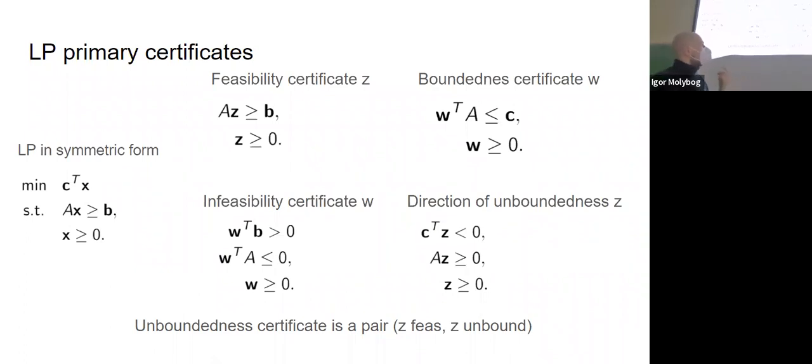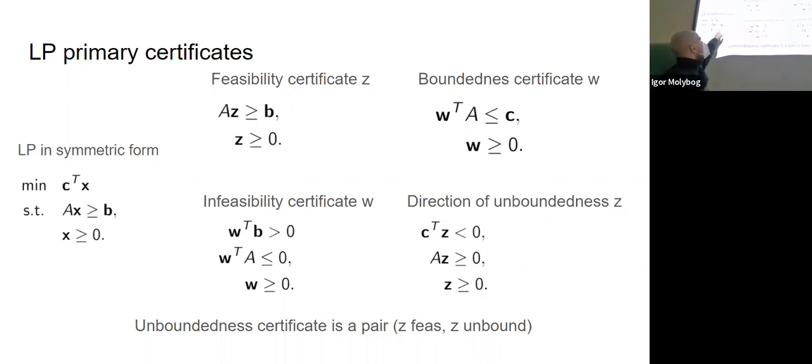First of all, you might be interested to certify that the problem is feasible. You might be interested to certify that the problem is bounded, or it is infeasible, or it is unbounded. For each of these cases, you can come up with certificates in the form of vectors. The feasibility certificate is just a feasible solution for a problem.